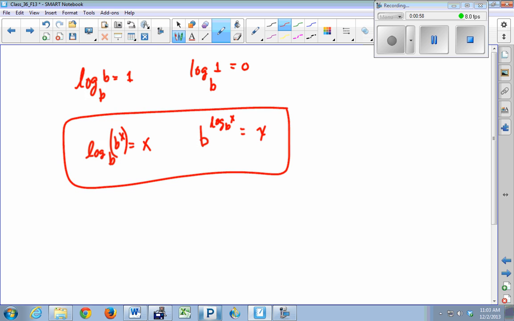So this was the inverse property of the composition of inverse functions. Brings you right back to where you started. And these were two generic properties of logs. So we're going to continue with a couple more properties of logs today.